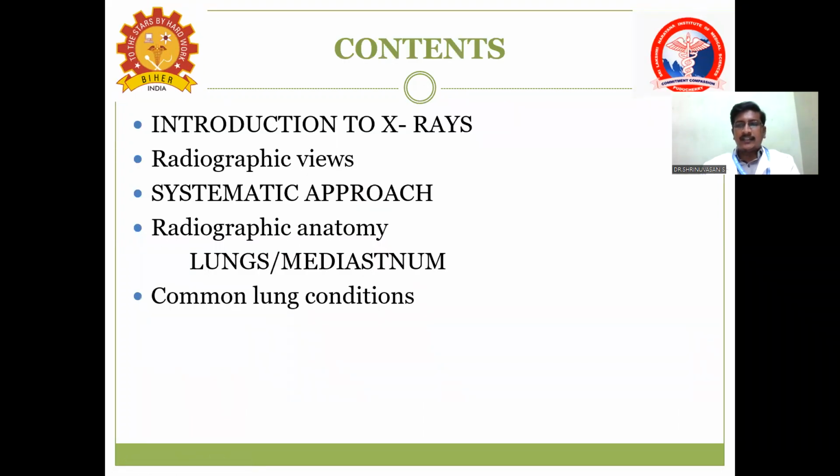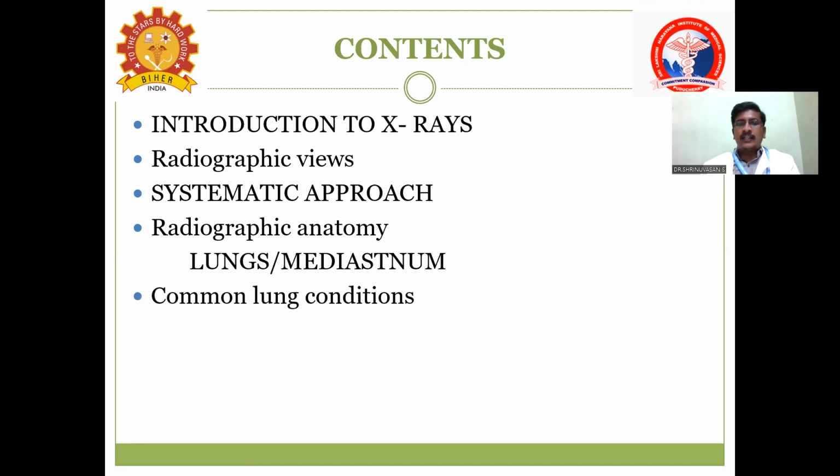First, introduction to X-rays. X-rays were discovered accidentally by Wilhelm Conrad Röntgen, a German physicist working on unknown rays. He found that some unknown rays passing through his wife Bertha's hand were producing an image on the X-ray plate.